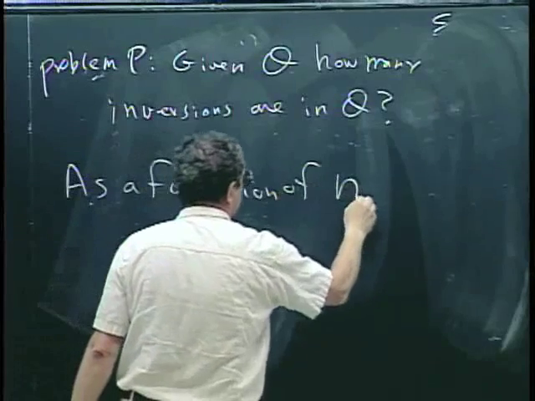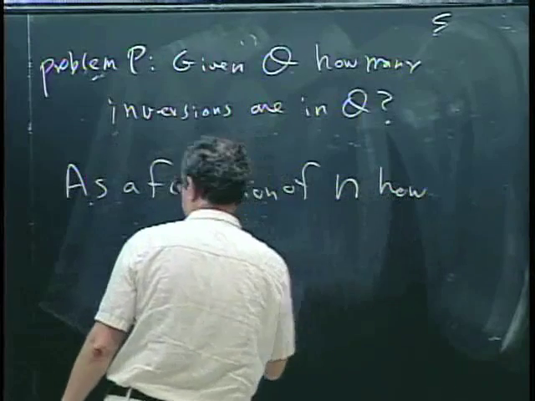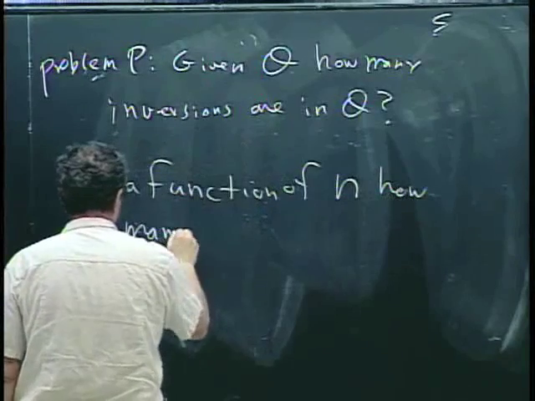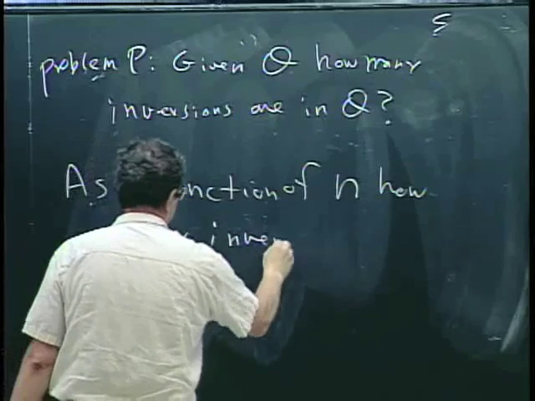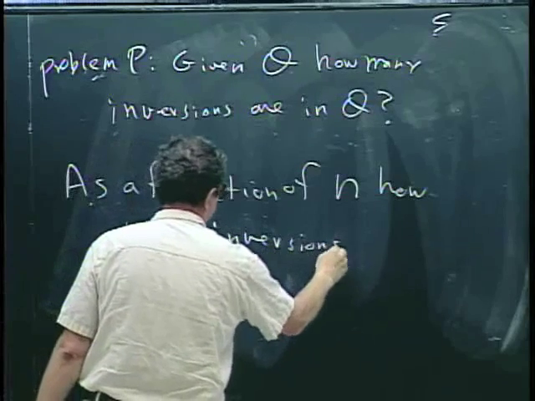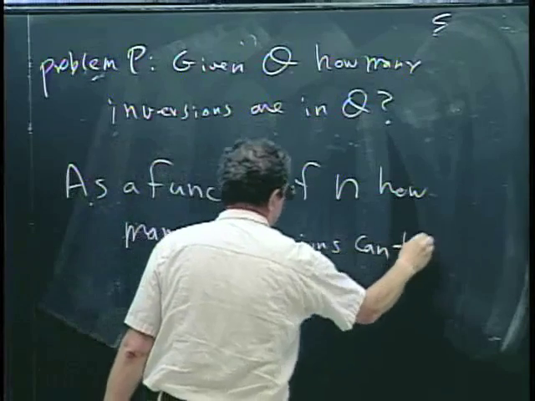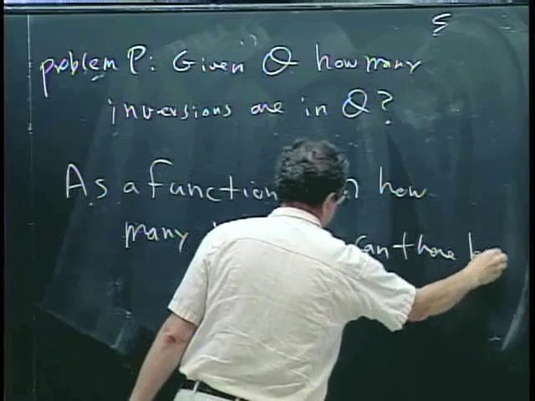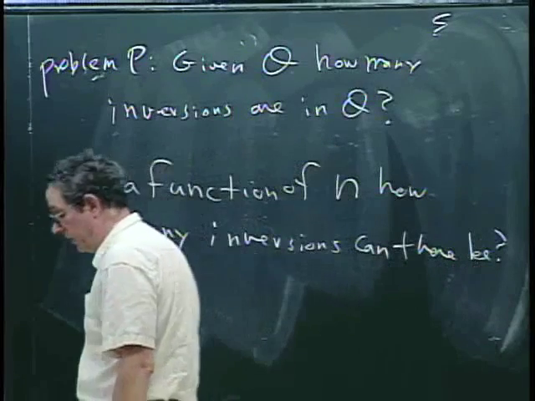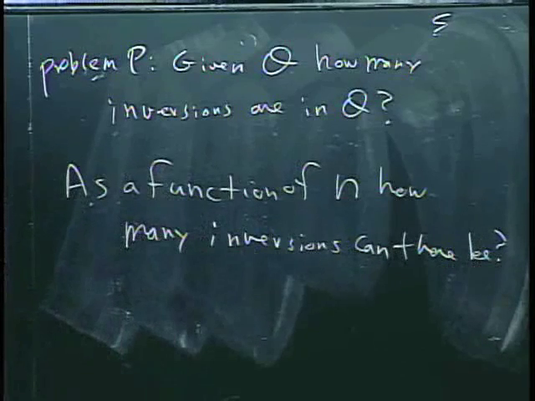If you get to make up any permutation you like to get one with a lot of inversions, how much damage can you do?